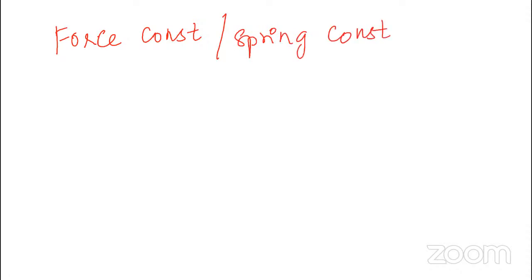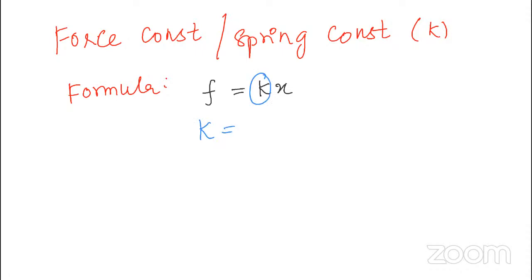That is K. So this can be calculated by the formula that is F is equal to K into X. Now we want only the value of K. So K is equal to F by X.